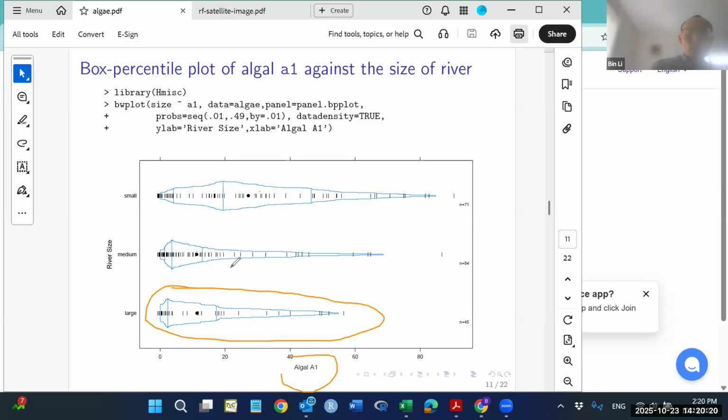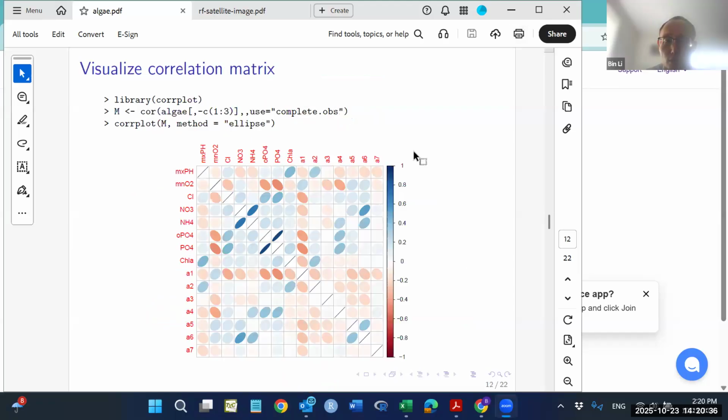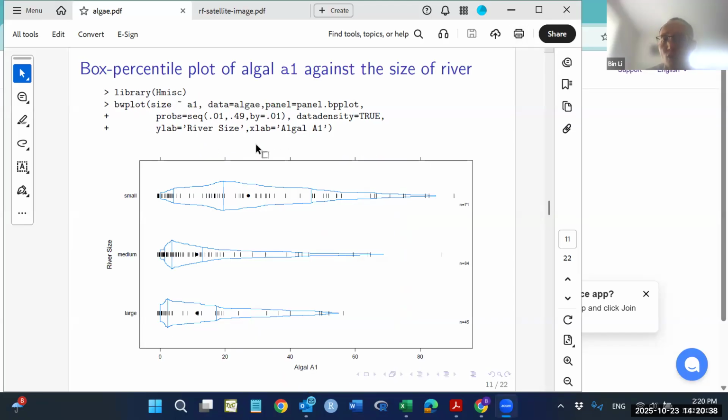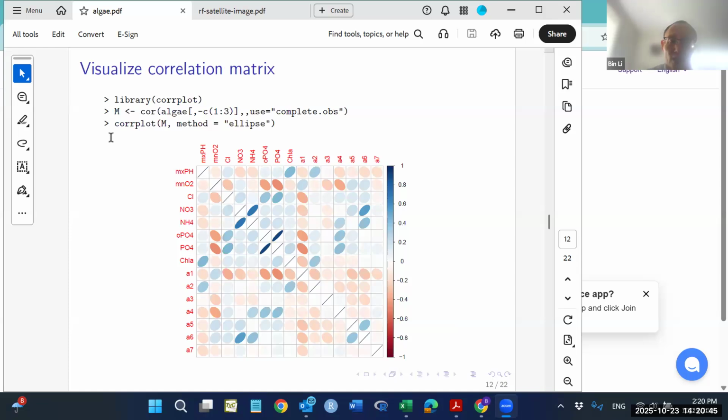So this is how you can see the distributions of the variables and also at different river size levels. And don't forget that it's not just showing the plot. You also need to know how to interpret it, okay? So this is to show things.